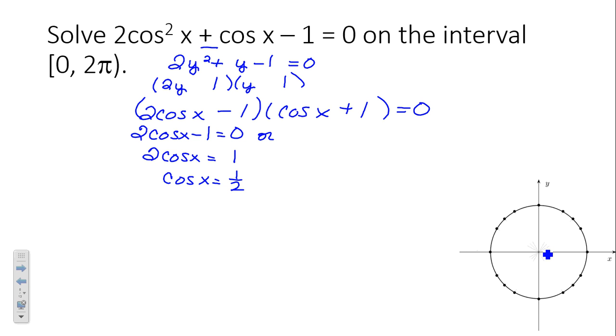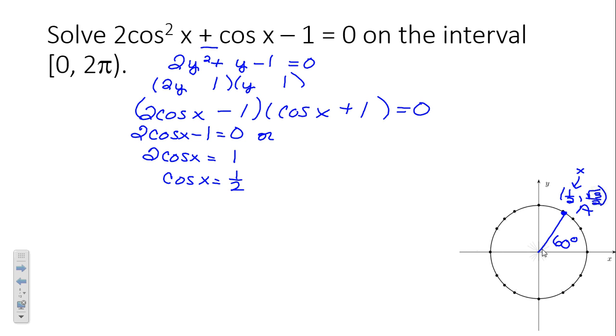So now we ask ourselves, where is the cosine 1/2? Positive 1/2. 60 degrees. So we want to be 60 degrees here. Okay, because this is the point 1/2, square root of 3 over 2, and the x value is always your cosine on your unit circle.